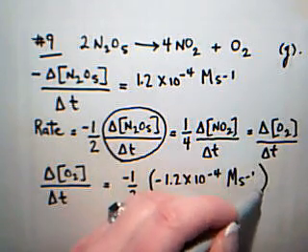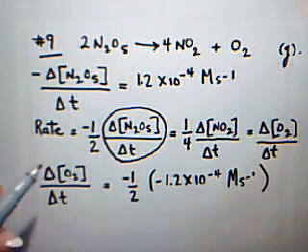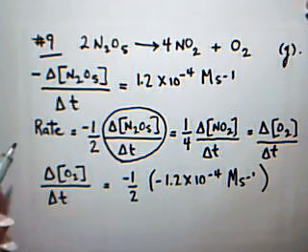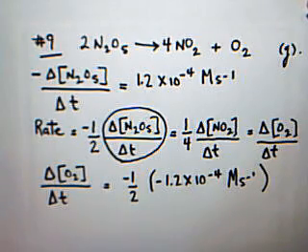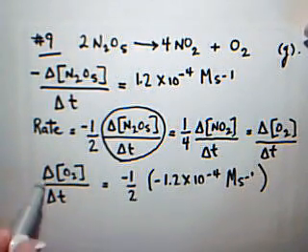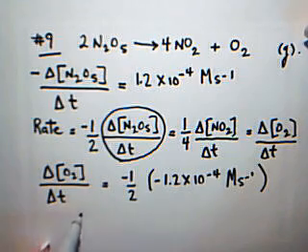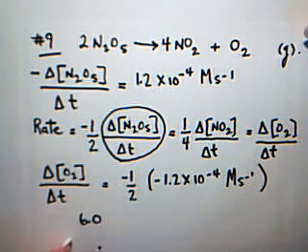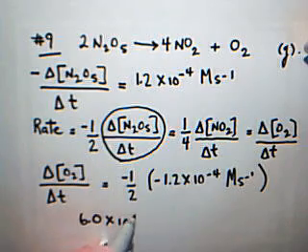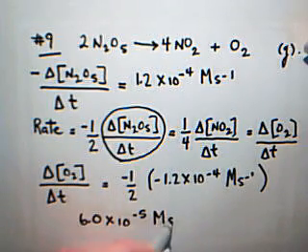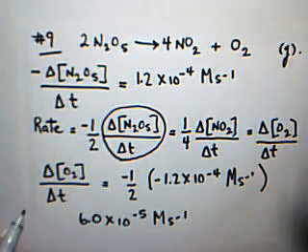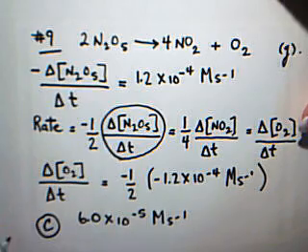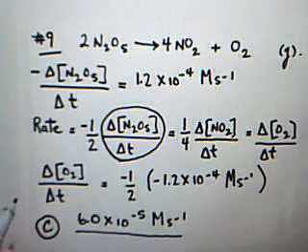All rates have to be positive, and so that's why we use the negative sign, because the rate of change of reactant will naturally be a negative number, but all rates of reactions and rates of consumption and rates of production, they need to be positive numbers. And so that comes out to be 6.0, we'll push the decimal place over, times 10 to the minus 5. And if you look on your sheet, the answer to number 9, therefore, is C, 6.0 times 10 to the minus 5.